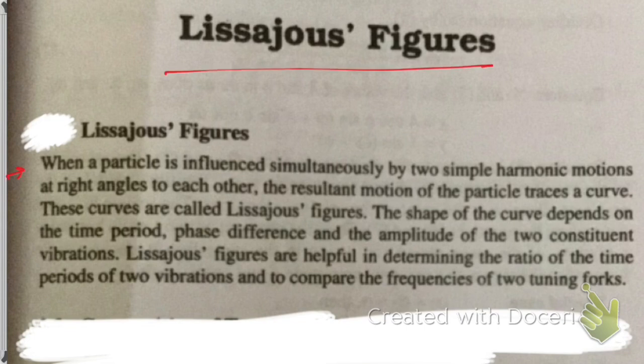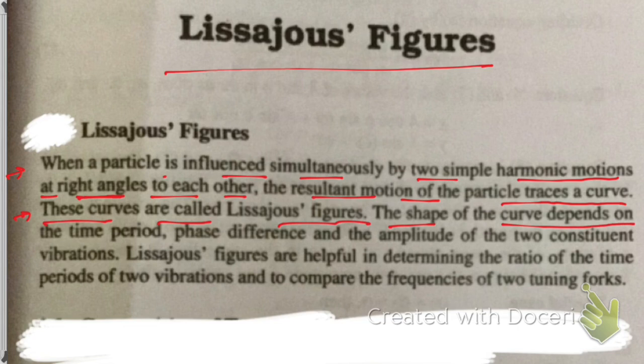When a particle is influenced simultaneously by two simple harmonic motions at right angles to each other, then the resultant motion of the particle creates a curve. It may be a circle, it may be elliptical, it may be a straight line. So it depends on the phase, right? So these curves are called Lissajous figures.